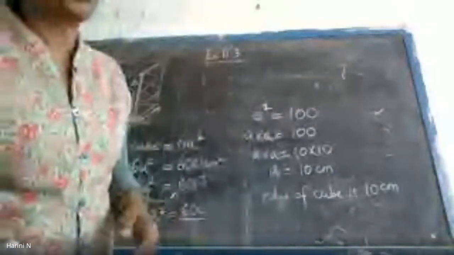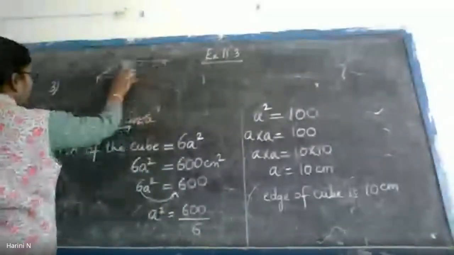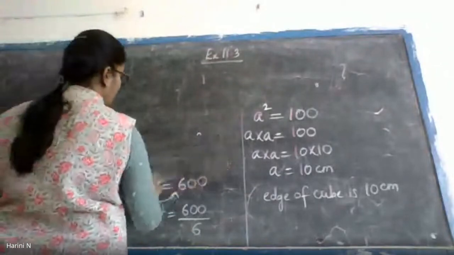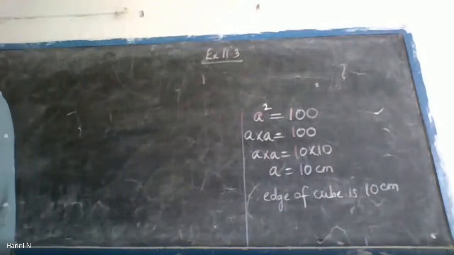It is a cuboidal hall. Nobody paints the floor. The floor has got tiles to be fixed. So it is only the four walls and the ceiling which is getting painted.